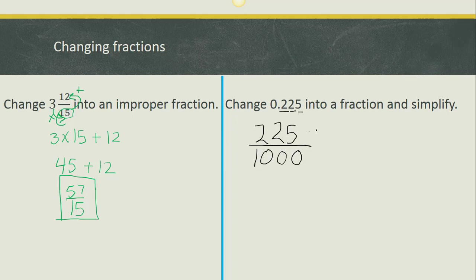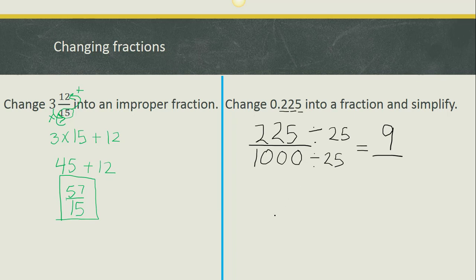So 225 divided by 25, and 1,000 divided by 25. Now if I start counting by 25, I will get 25, 50. Okay, so I know that there are 4 25s in 100. So in 200 there are 8 25s. 225 makes 9 25s.